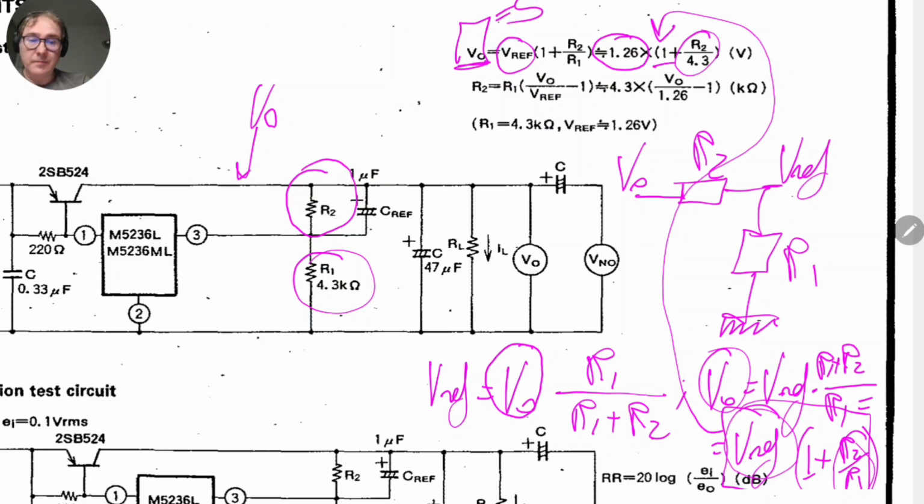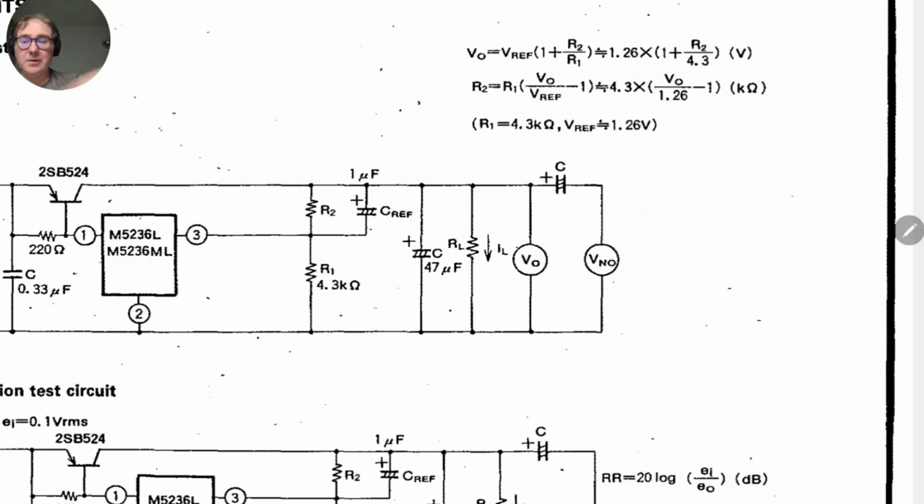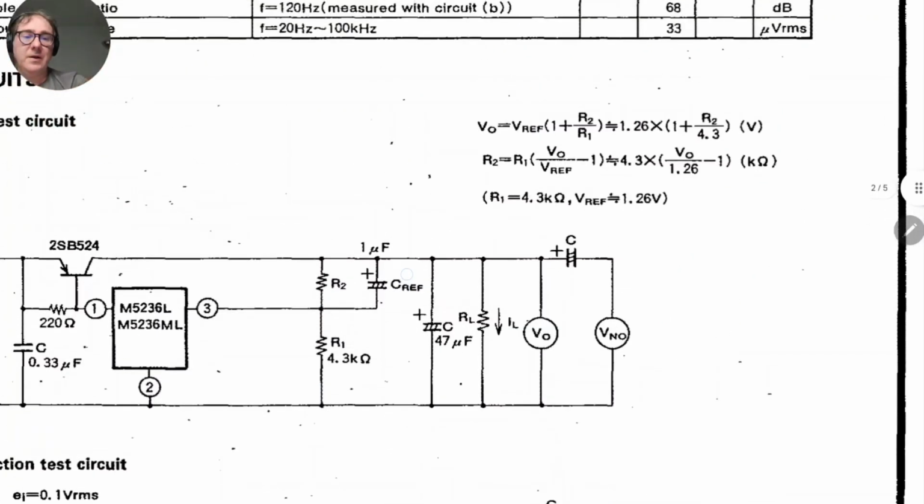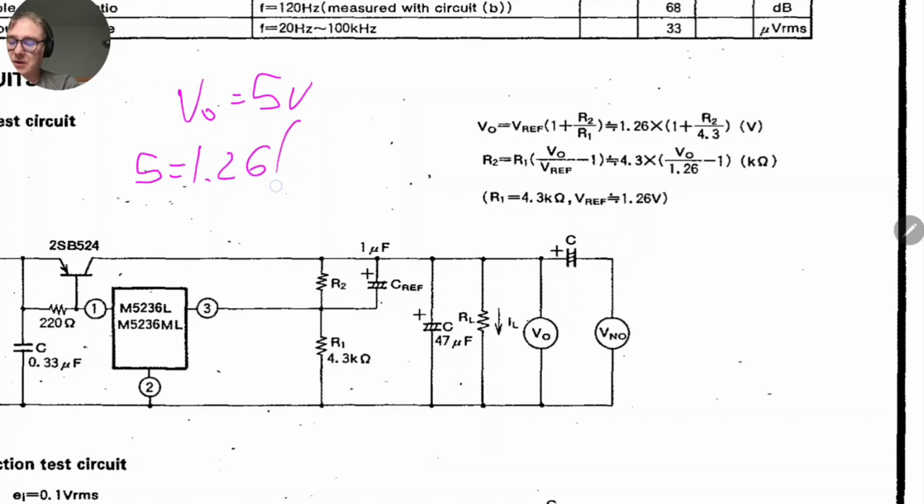So we want to have VO, our output, equals 5 volts. So this is it. We can write the equation. Should be something like 5 equals the reference 1.26 times 1 plus this resistance, which in the schematic is called I33.